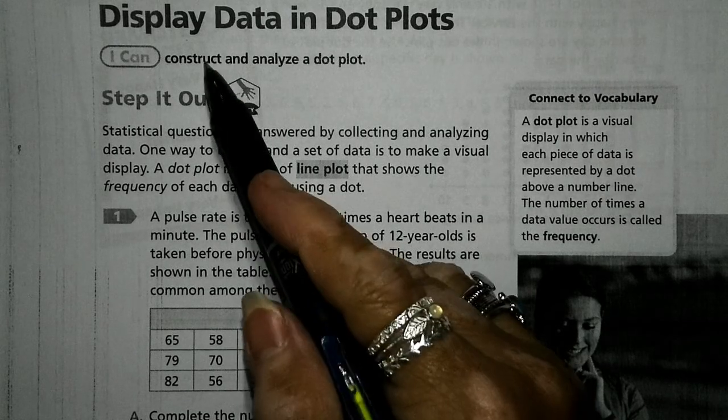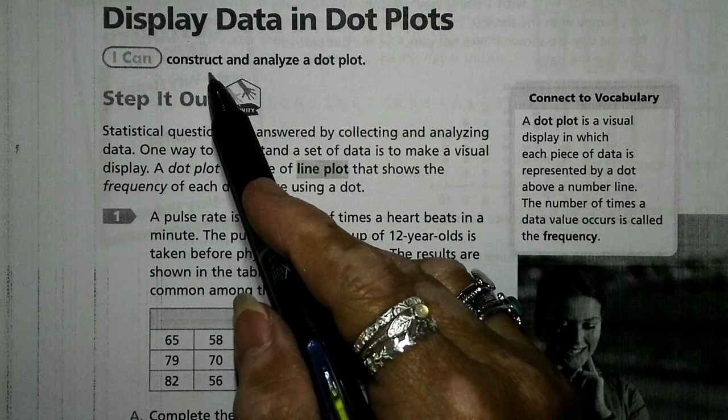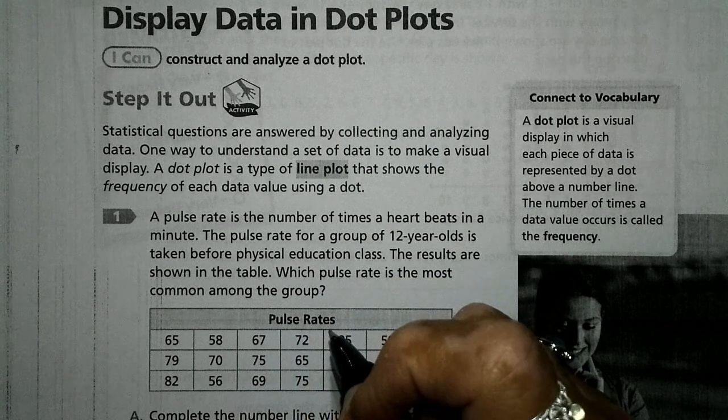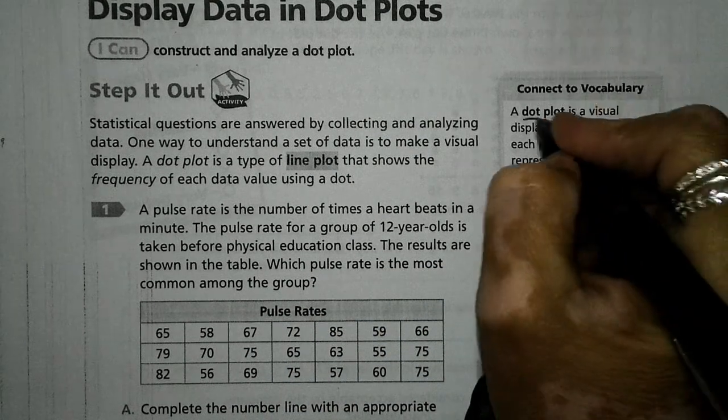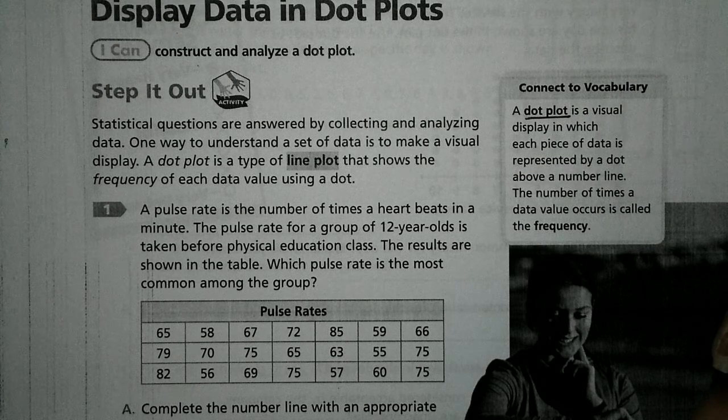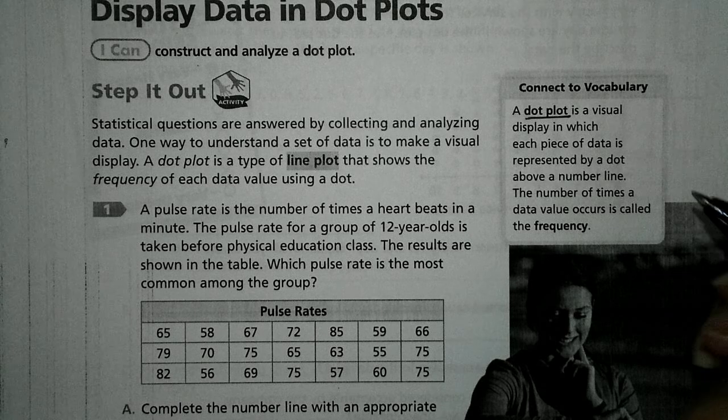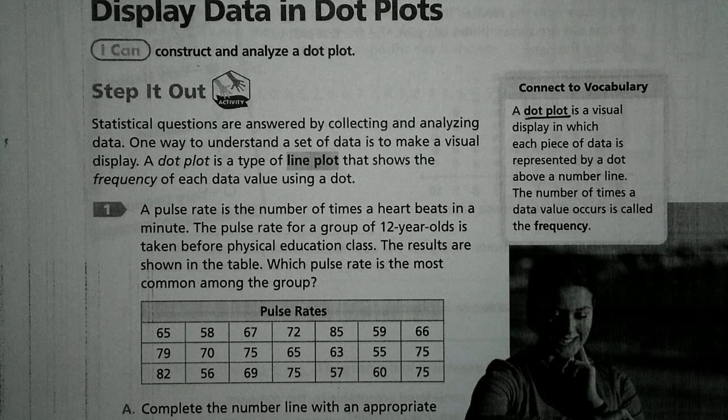Our objective today is we're going to construct and analyze a dot plot. Our vocab: a dot plot is a visual display in which each piece of data is represented by a dot above a number line. The number of times a data value occurs is called the frequency.